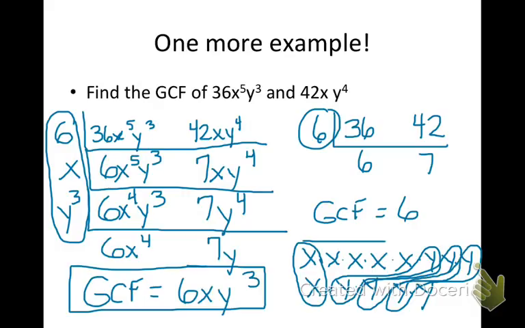So if I look straight across, what do I have? x times y times y times y, or x y to the 3rd power. So circling the common factors, or the common variables, you can see what I circled: 1 x and 3 y's for each of those terms. Those are what they have in common, nothing else. We have 4 extra x's in the first term. We have 1 extra y, but that's just part of that relatively prime part. It's not a part of our answer.